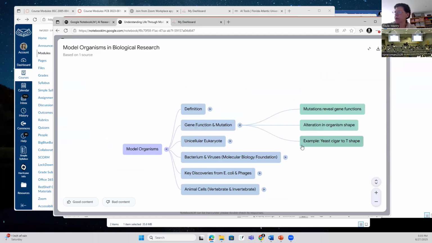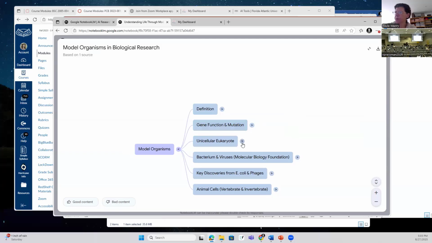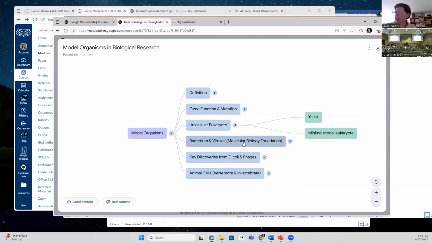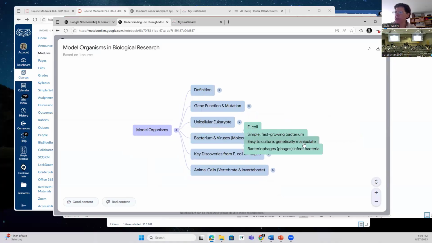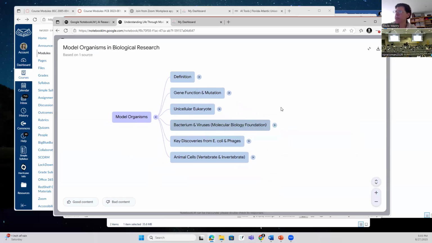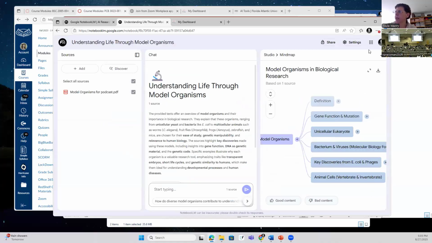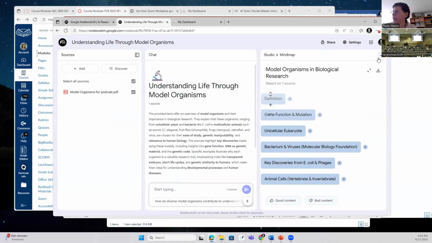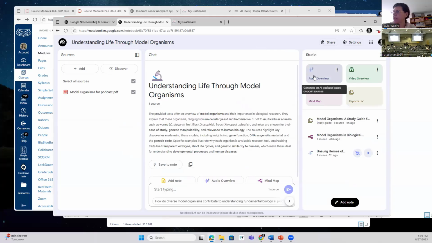It'll give me the organization. I mean, isn't that cool? So unicellular eukaryote, it gives me the model organism for that. It'll give me the studies on bacteria and viruses. So this is the mind map, okay? Now, one thing that I really like about this tool is that you can make podcasts out of this.